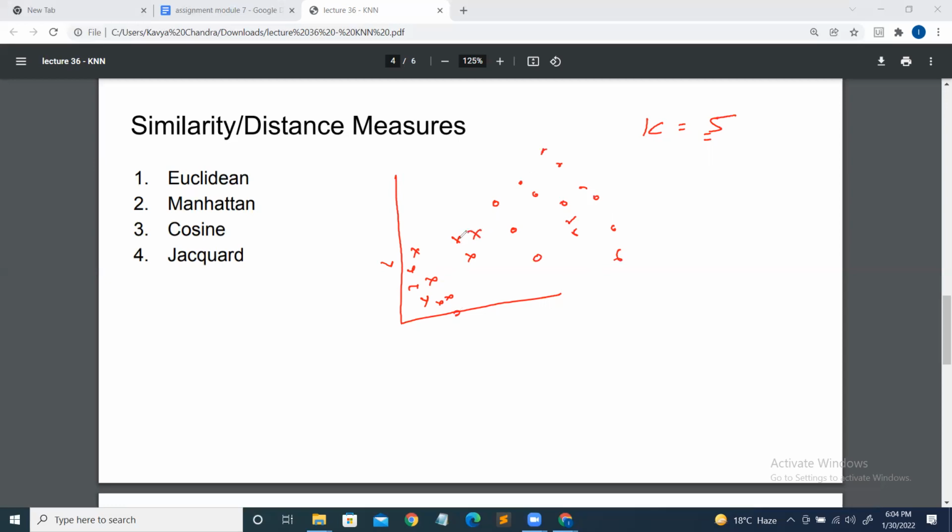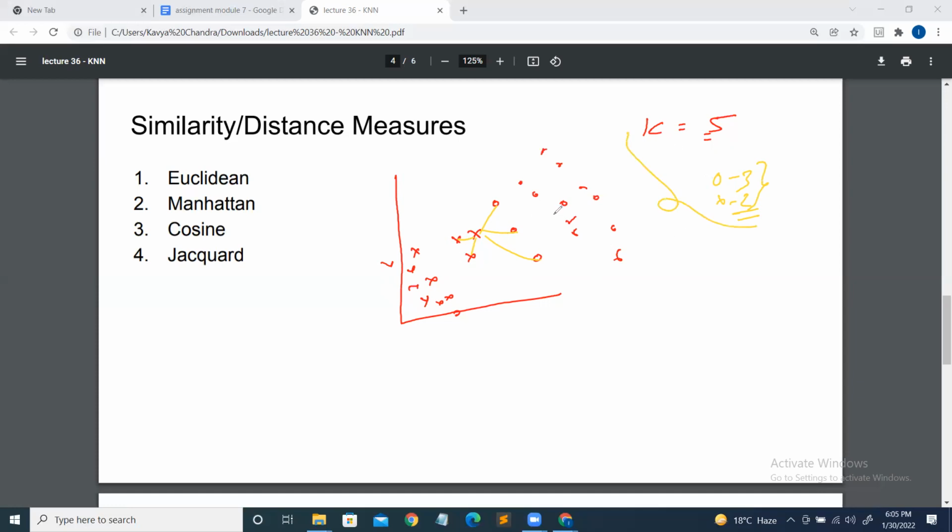If we take the 5 nearest neighbors 1, 2, 3, 4, 5, there will be 3 knots and 2 crosses. And towards this end, there are a lot of crosses, and towards the other a lot of knots, and this probably would be a cross because it's very near to these two. So this approach would fail here.